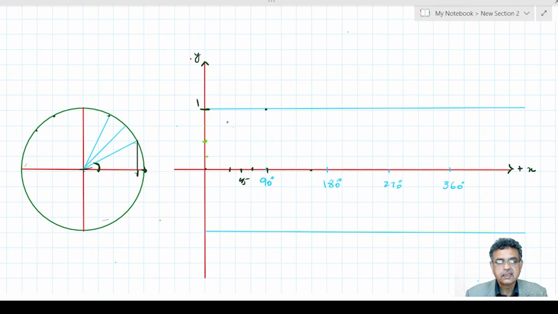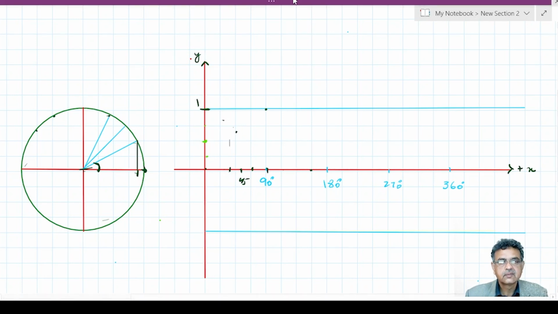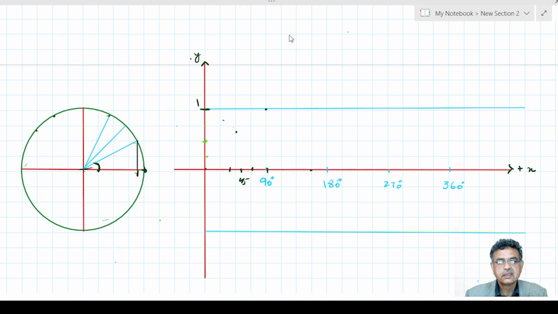So at 30 degrees, its value has not decreased that much. When the angle is 45, this is approximately this much length.